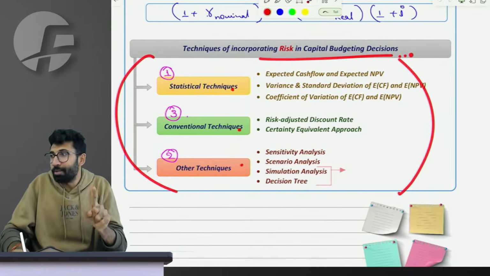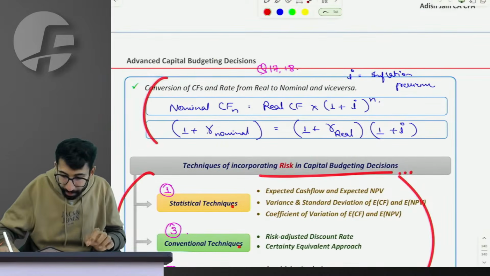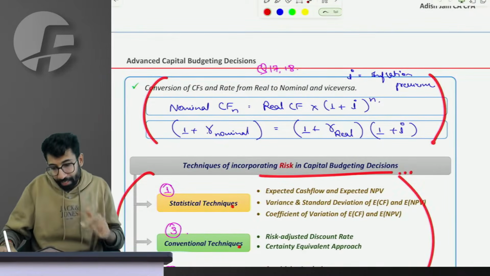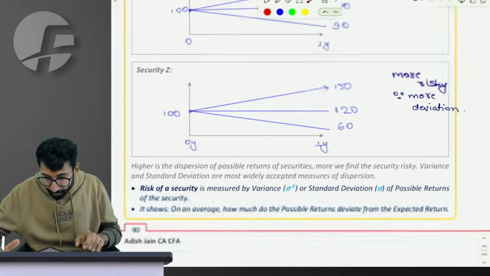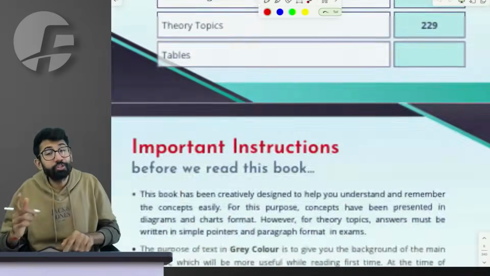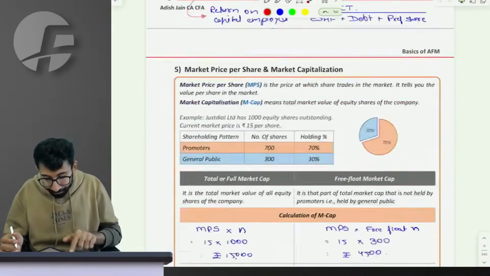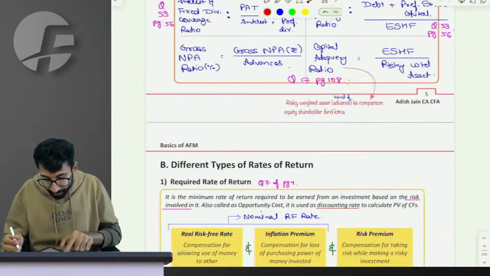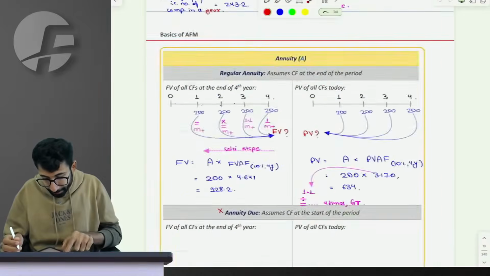The next section, people in the class, you're going to learn now is real and nominal cash flows and real and nominal discounting rates, for which I'll take you to the basics of AFM. So in the notes, in the initial pages, we have the basics where we compile all our basic learnings at one place.